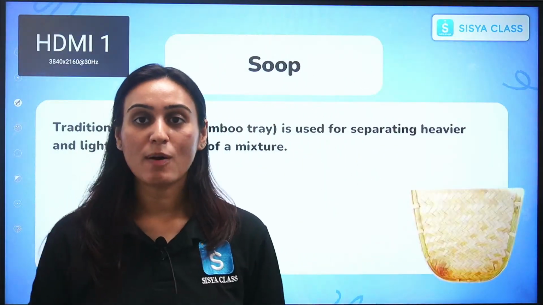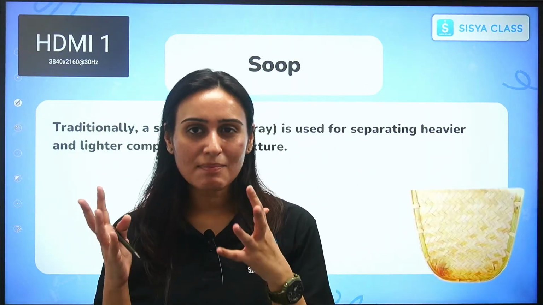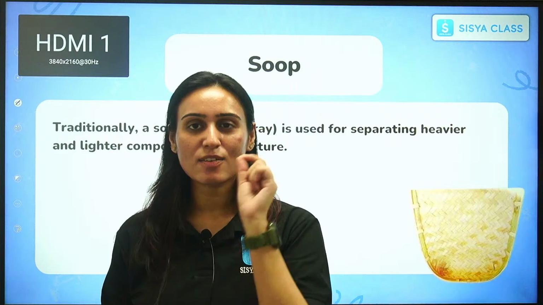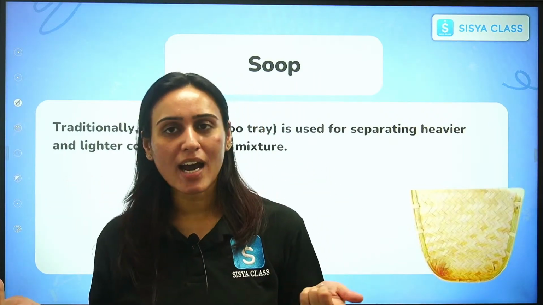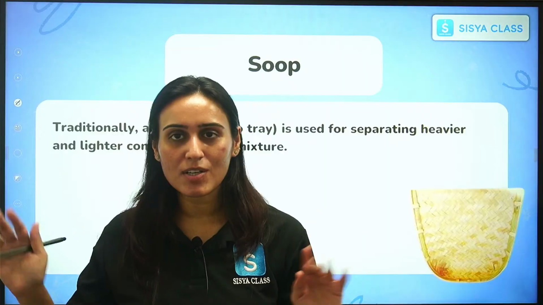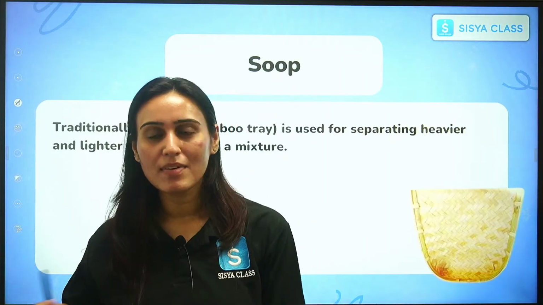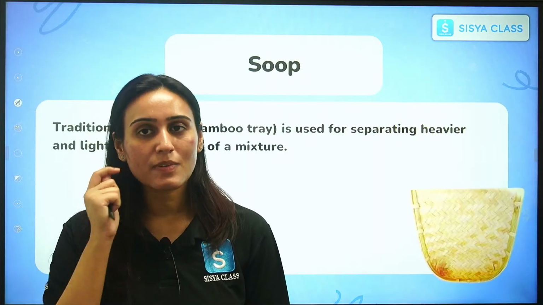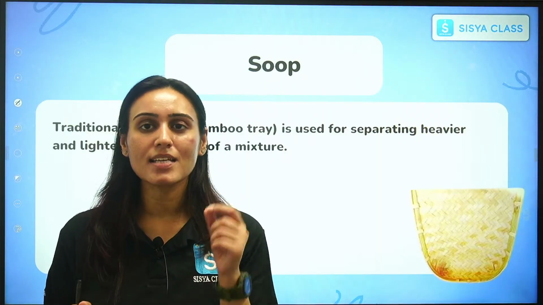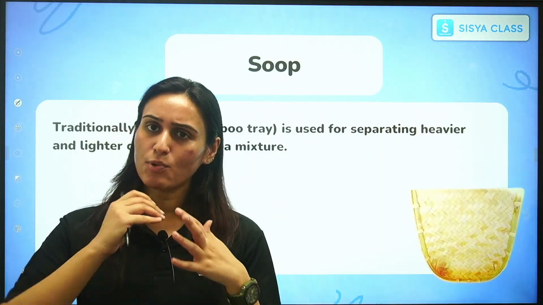So yes, everyone, what were we talking about? We were trying to separate out the grains from the husk, right? And we were thinking about hand picking, which is a very time-taking process. We don't have that much time, so hand picking is out of the picture. Then we have seen one activity by which we can separate out chickpeas from their cover just by blowing them in the wind.